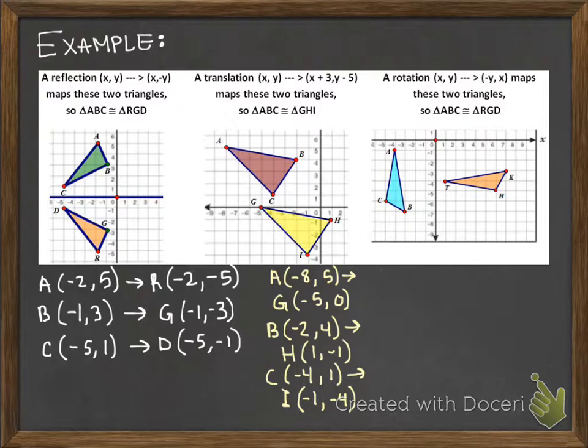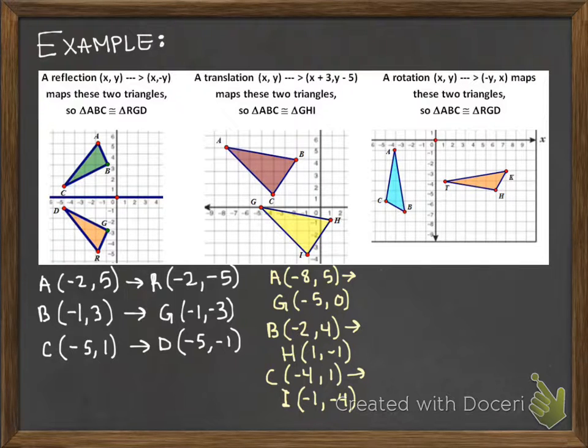So we added 3 to the x-coordinate and we subtracted 5 from the y-coordinate. Each translation has its own rule, but on the x-coordinate we will add to move to the right and subtract to move to the left, and on the y-coordinate we will add to move it up and subtract to shift it down.